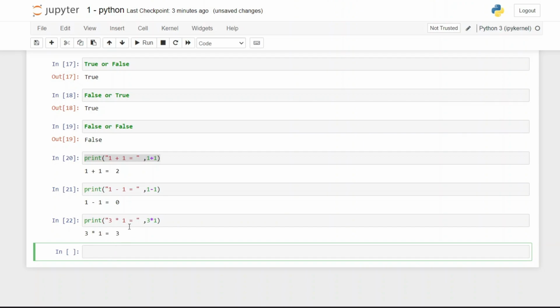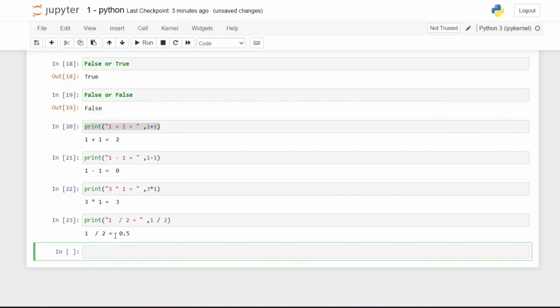This is the concept of multiplication of particular values. If you are checking for divide, 1 divided by 2 gives you the answer 0.5. So you can see 1 divided by 2 is equal to 0.5. These are our arithmetic operators.